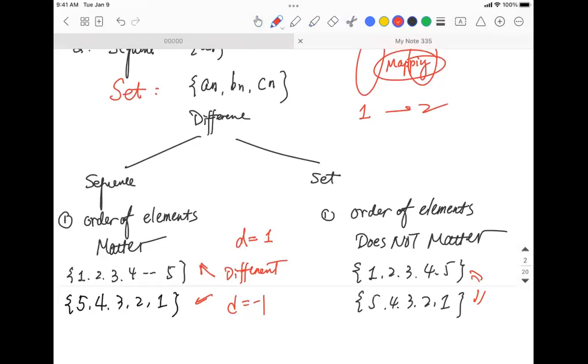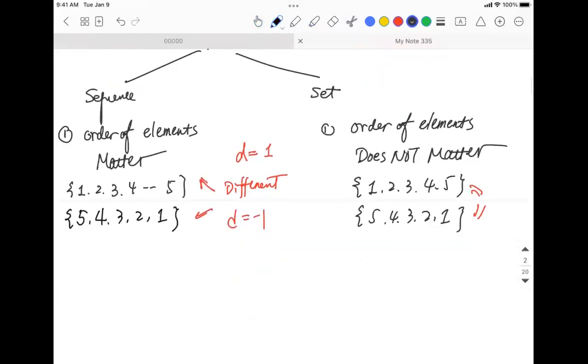Set doesn't really care. Set is more like a collection of items. As long as you have all those five items from 1 to 5, I don't care who goes first, who goes second, and so on. They are considered to be the same set, right? So this is the basic definition from a set perspective. This is the first difference between the two concepts. The second part is, can you have duplicated items?